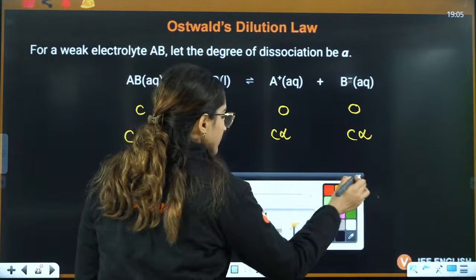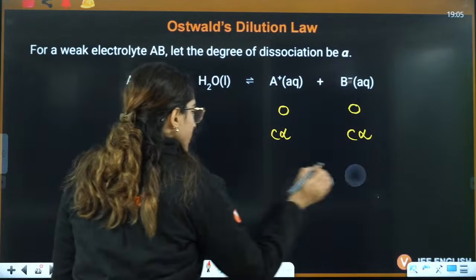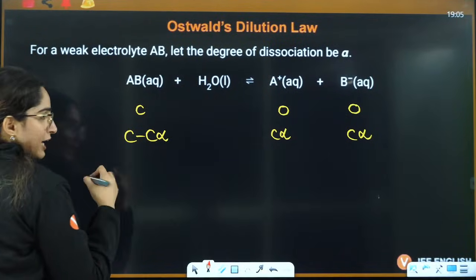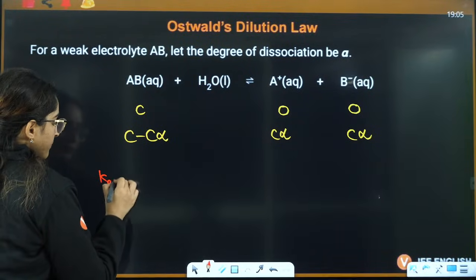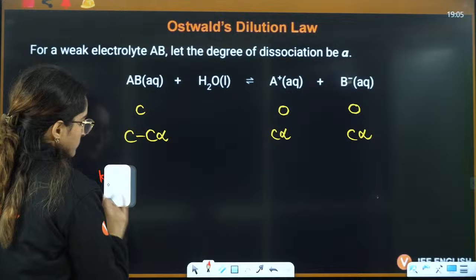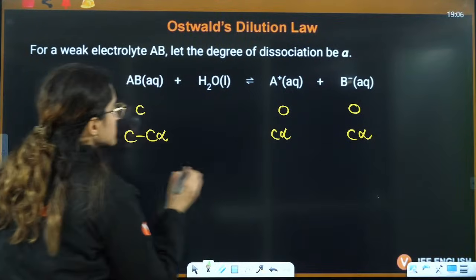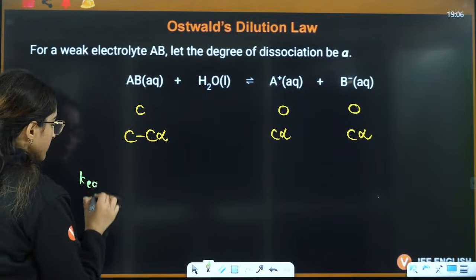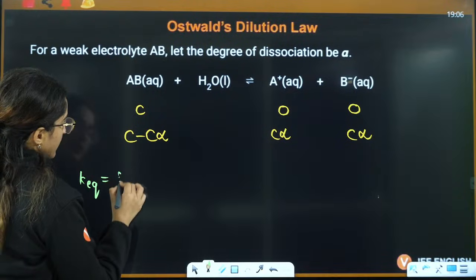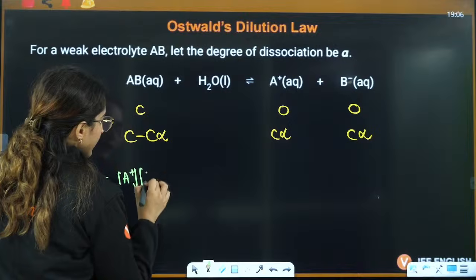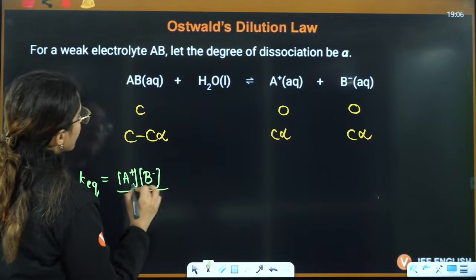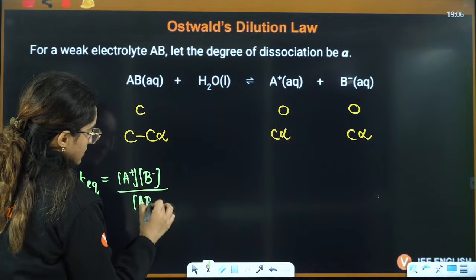Now see one thing. Here we are not writing Ka or Kb, we are writing Kc, that is K equilibrium. I'll just define it like this. K equilibrium is equal to the concentration of A positive times the concentration of B negative divided by the concentration of AB, right?